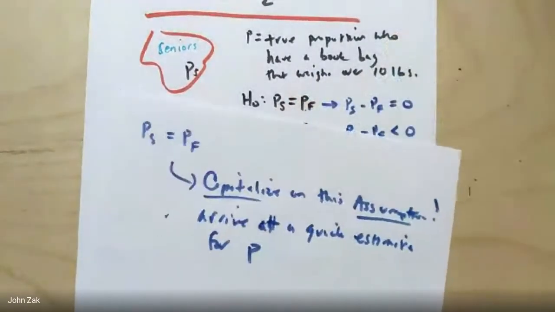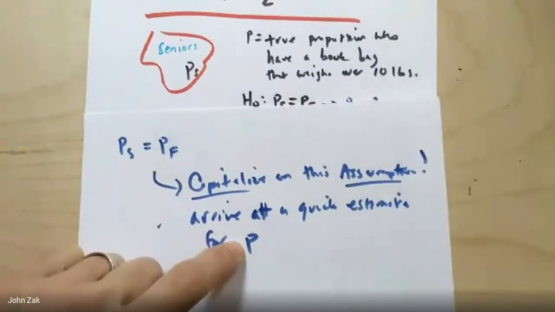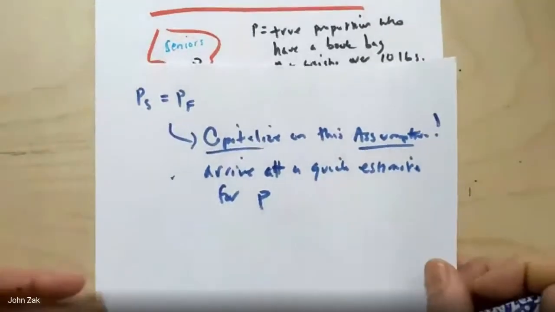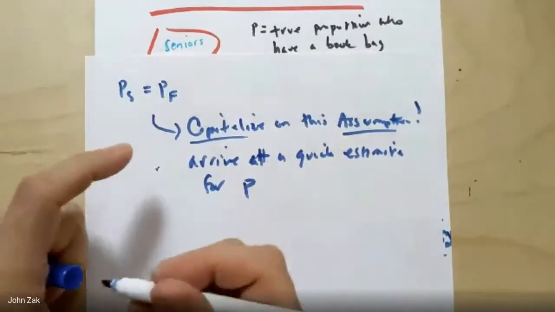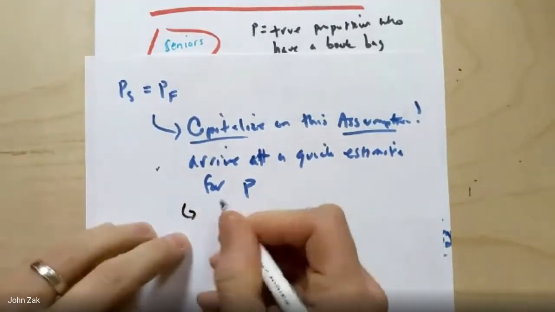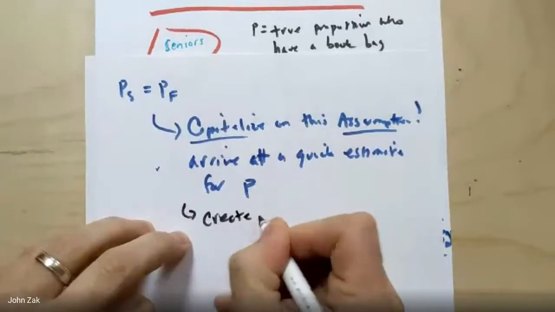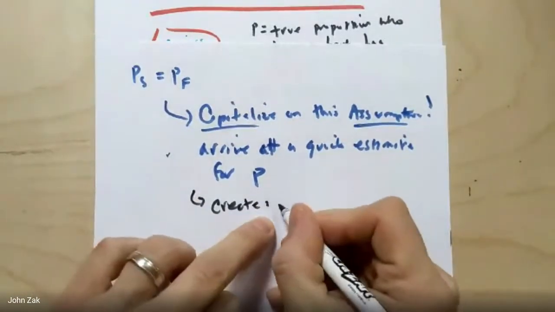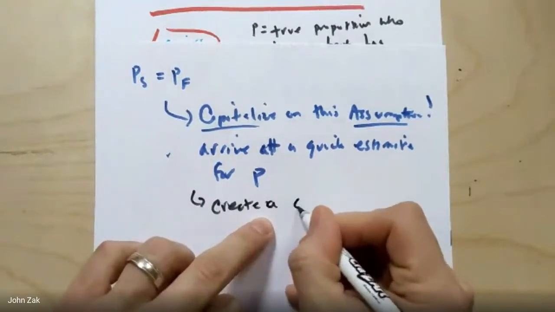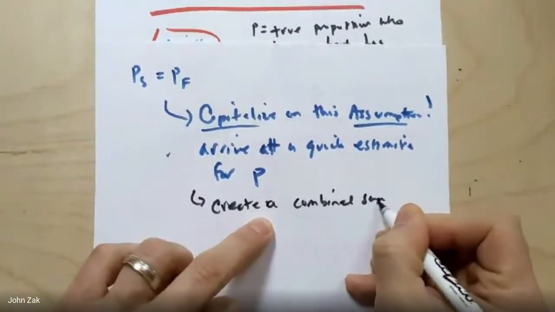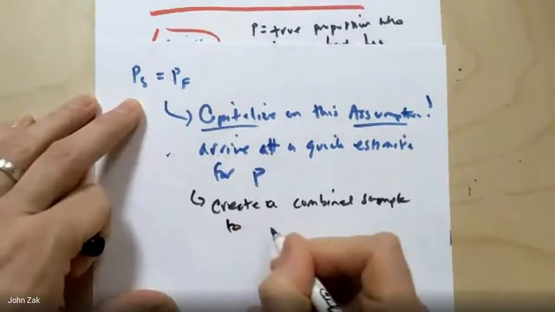And if I assume that P is the same in seniors as it is in freshmen, what I'll do is create a combined sample to estimate P. I'm explaining this in more detail than I even do in the videos, but I want to make sure it's the only weird thing that goes on.